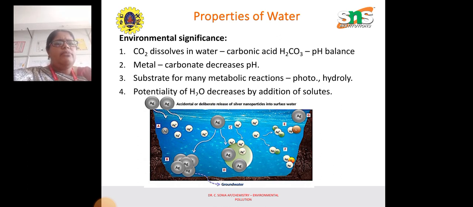It forms a substrate for many metabolic reactions, that is photo reactions and hydrolysis reactions. The potentiality of water decreases by adding solutes. So if you have solutes present in the groundwater, its potentiality is varied or decreased.